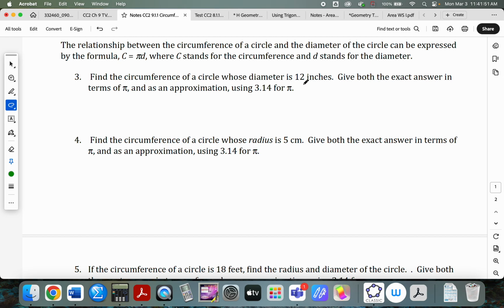Find the circumference of a circle whose diameter is 12 inches. Give both an exact answer in terms of pi and as an approximation. So the circumference is pi times the diameter. So the exact answer is 12 pi inches.